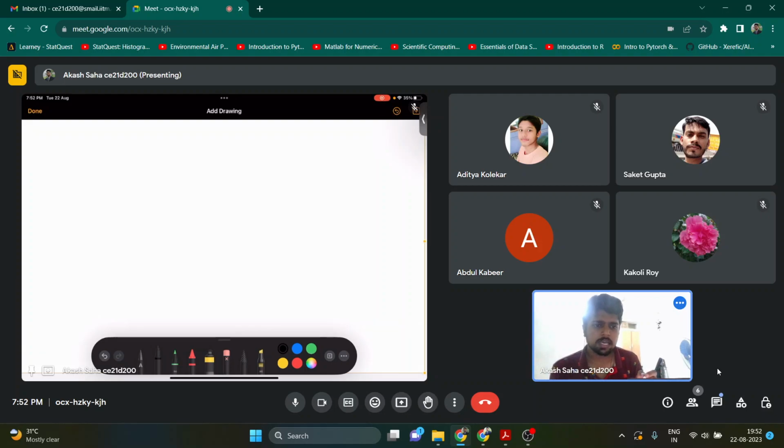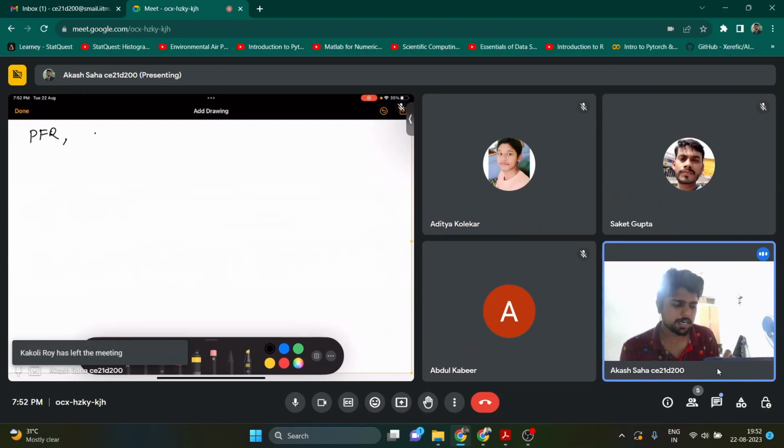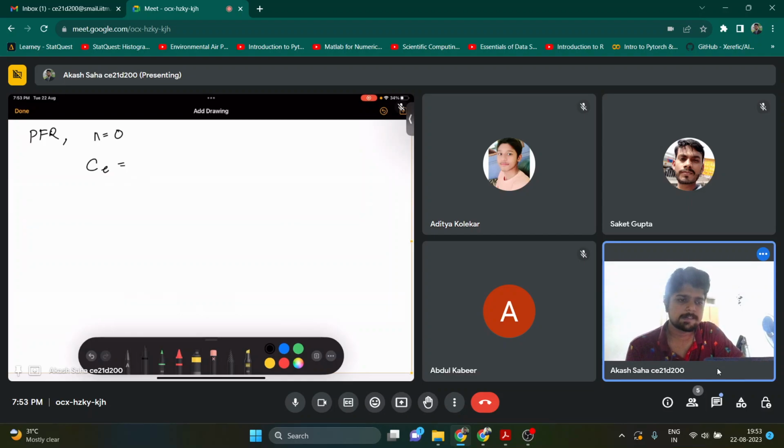So shall we start? Can someone tell me, for a PFR reactor, if my order of reaction is 0, what is the formula for my Ce? It will be C is equal to C naught minus K into time.